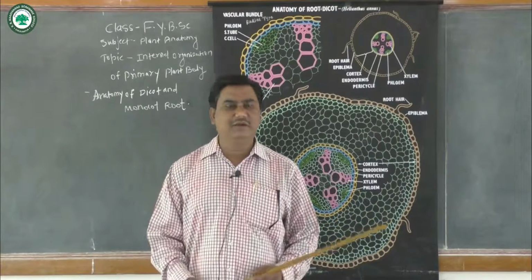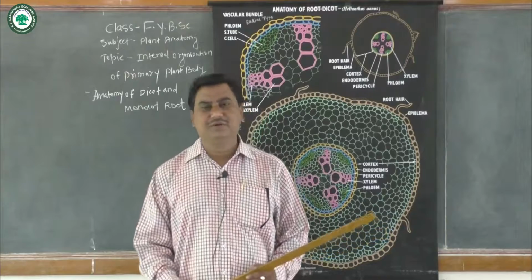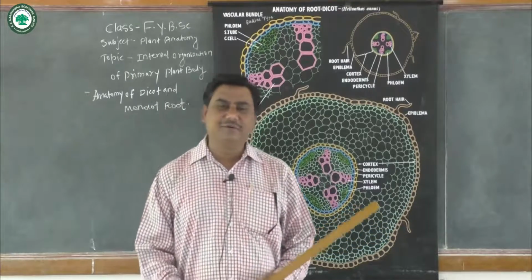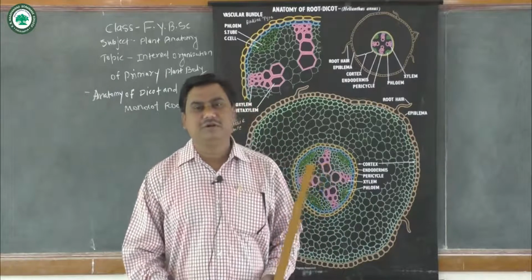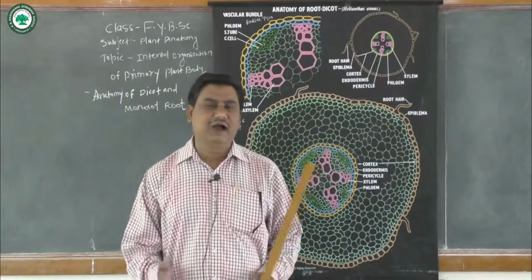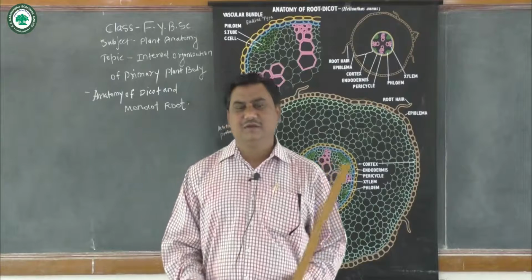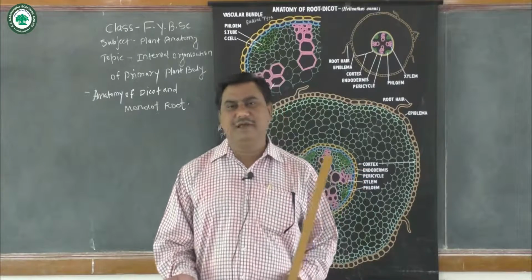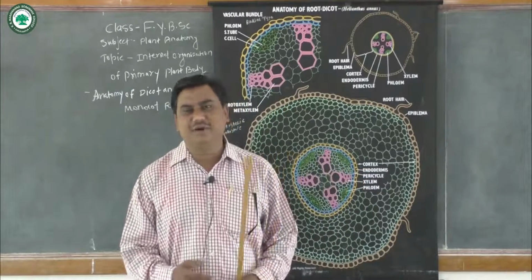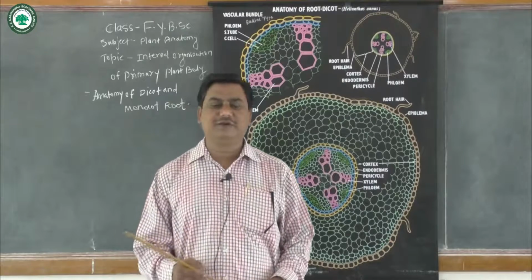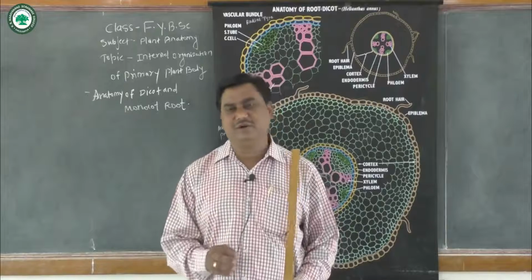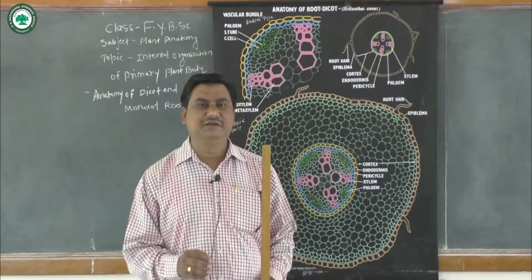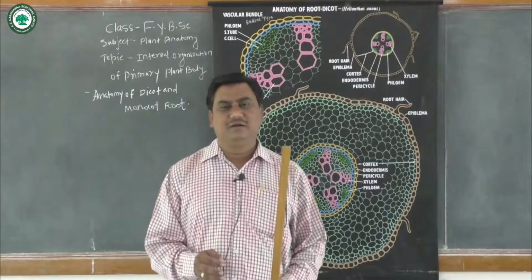In dicotyledons, the root system is the taproot system, and in monocotyledons, the root system is the adventitious root system. About the stem, in dicotyledons there is a branching pattern, and in monocots the stem is unbranched.